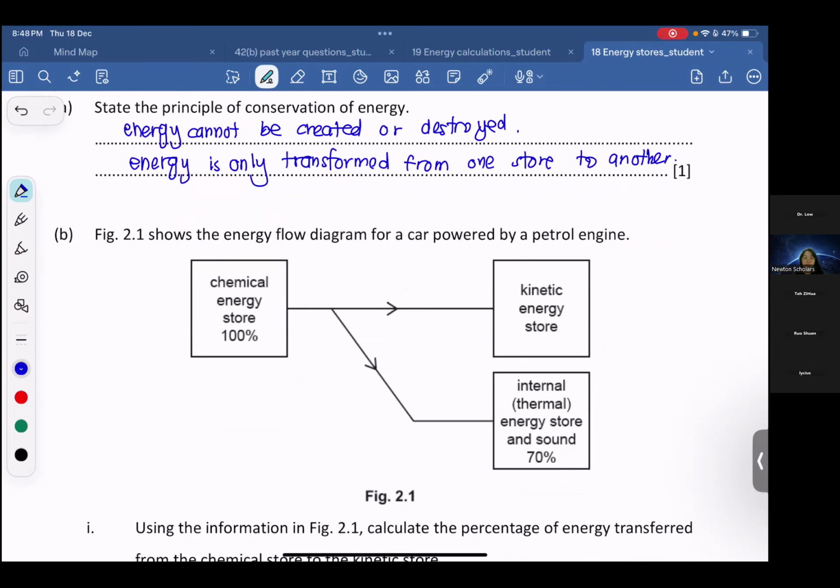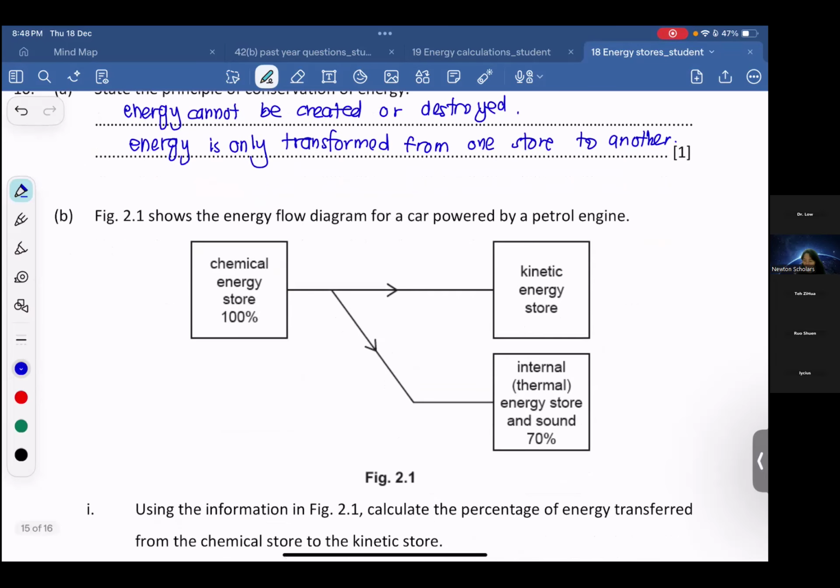Okay, I think it should be done. Figure 2.1 shows the energy flow diagram for a car powered by a petrol engine. Here, petrol, so that's why we start with chemical, because of the keyword petrol. The chemical energy store will convert to kinetic.